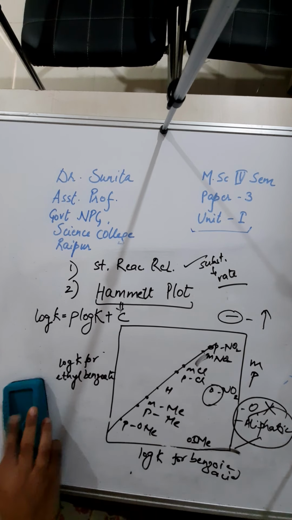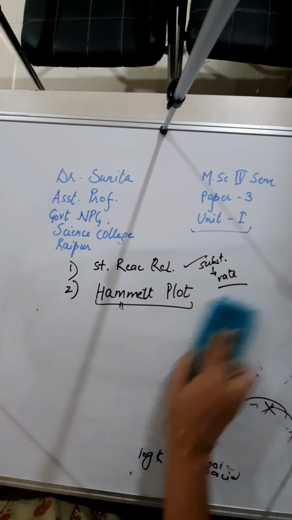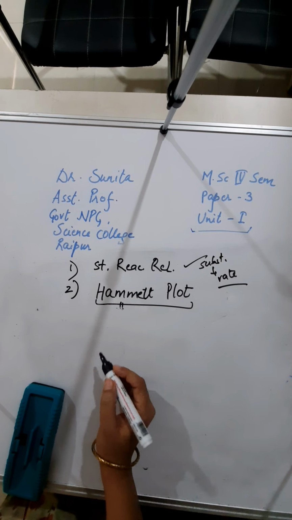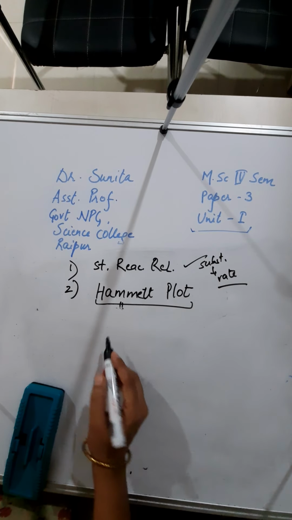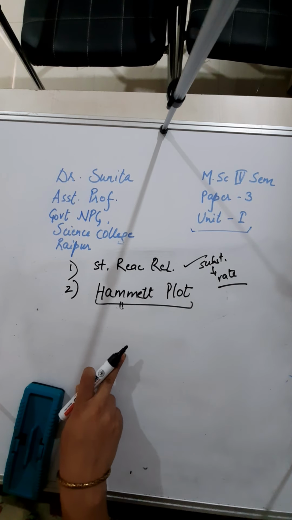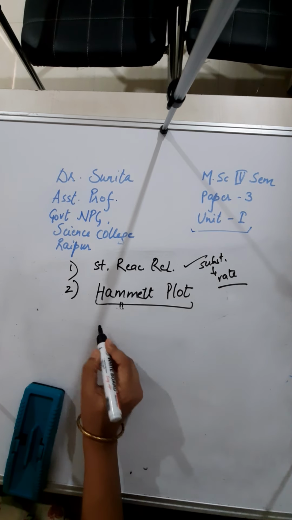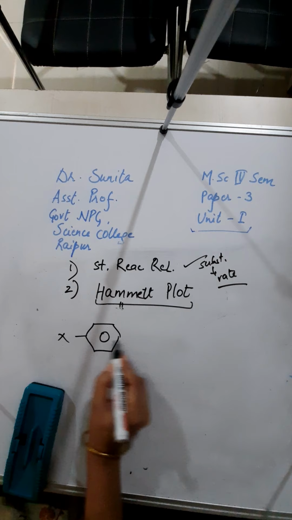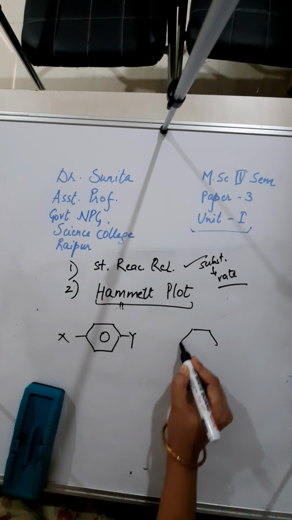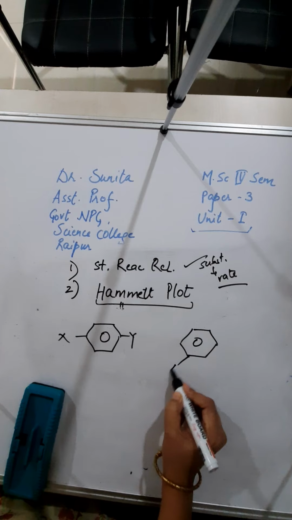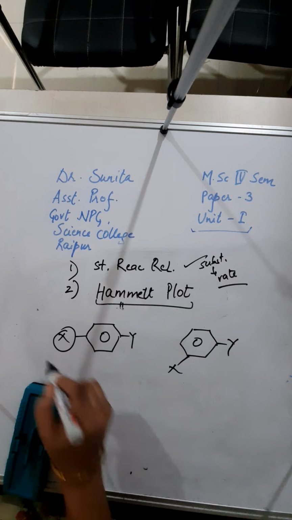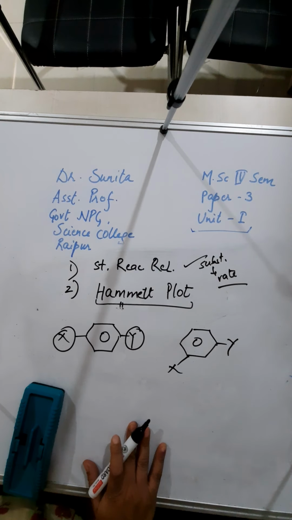Now we again come to the Hammett equation. Hammett recognized that the electronic influence of a substituent X on the reaction center, if suppose we have this ortho, this is para and this is meta, may be assessed by studying the reaction in meta and para substituted benzene derivatives.